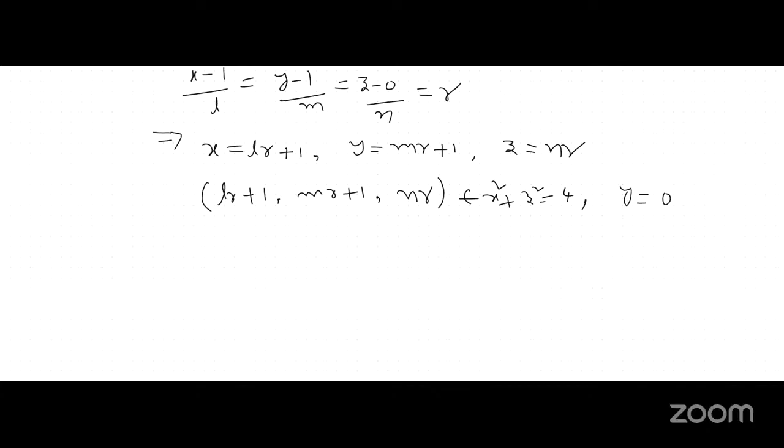First, y equal to 0, so MR plus 1 equal to 0, then R equal to minus 1 by M.